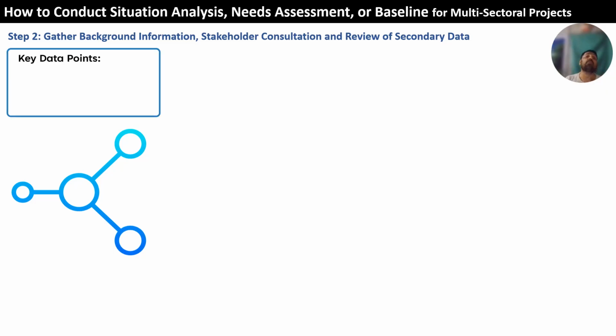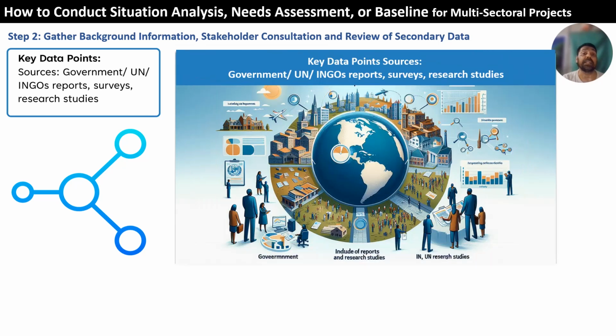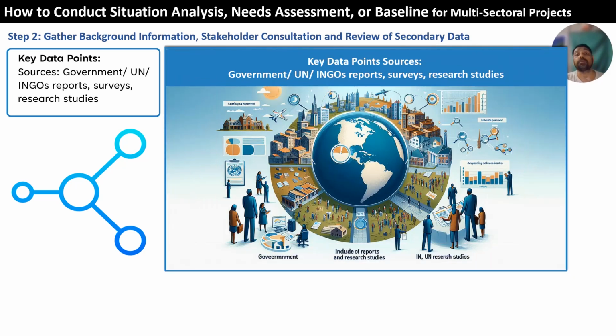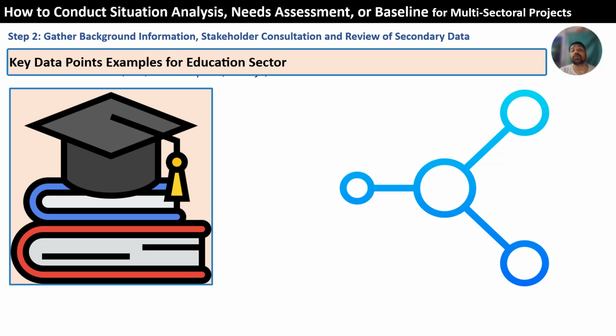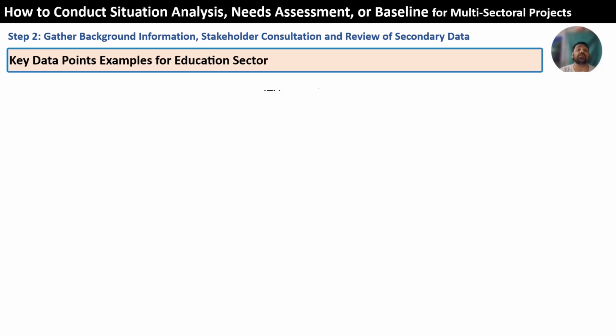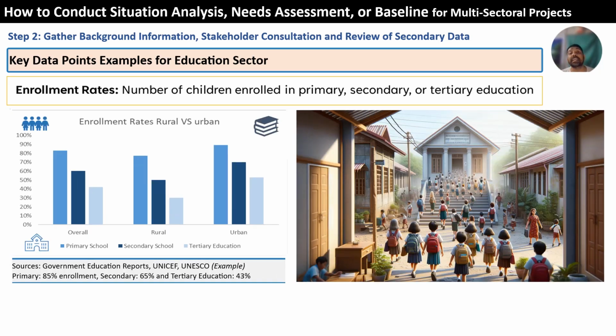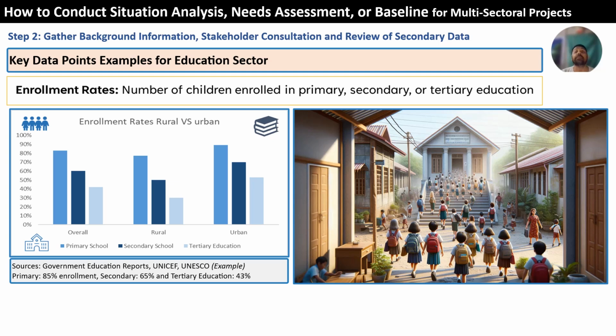The key data points for this step number two would be sources like government, UN, and INGO reports, surveys, and research studies. For a study related to the education sector, you will need to obtain the data of enrollment rates, the number of children enrolled in primary, secondary, or tertiary education.